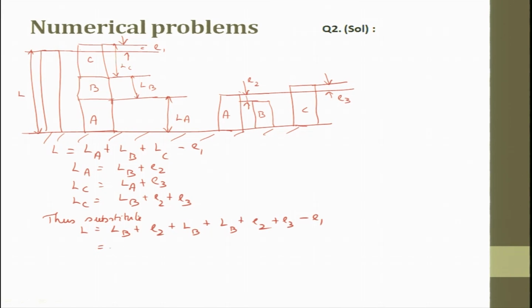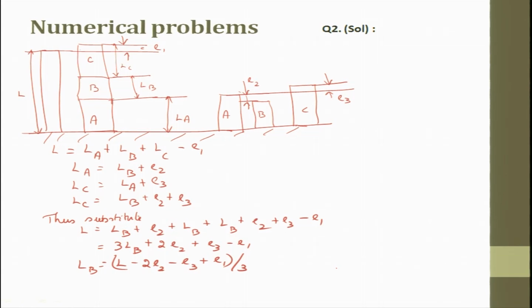So, this can be further simplified as 3LB plus 2E2 plus E3 minus E1, or it can be LB equal to L minus 2E2 minus E3 plus E1 whole divided by 3.